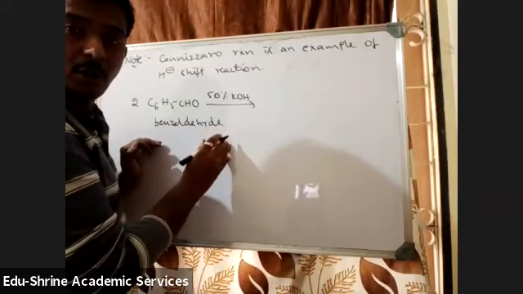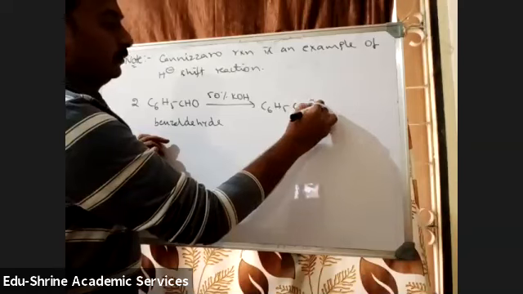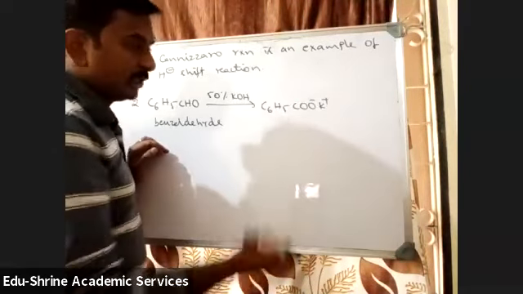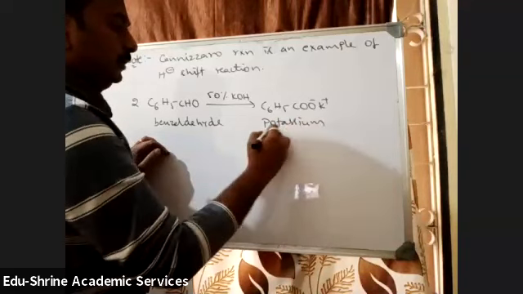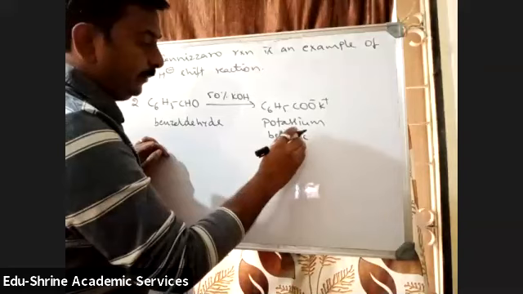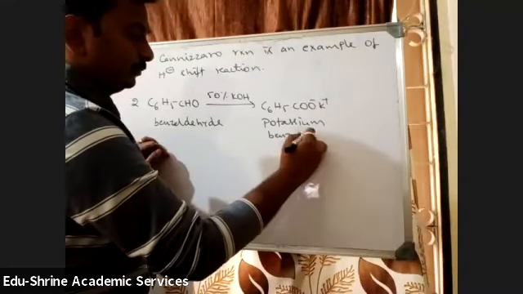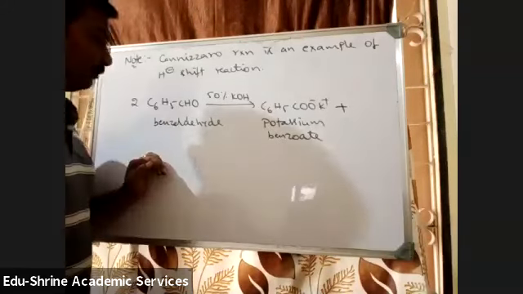One product will be the salt of this: there is a benzene ring and a carbon atom here. This is called potassium benzoate, because from benzaldehyde you get benzoic acid. Plus, one more product will be an alcohol.